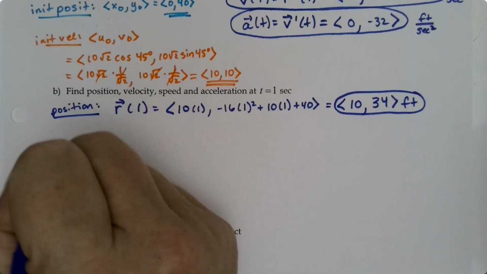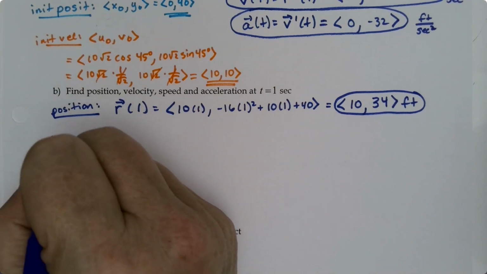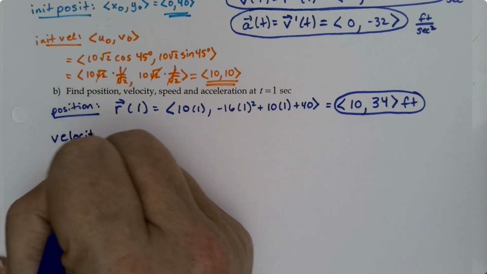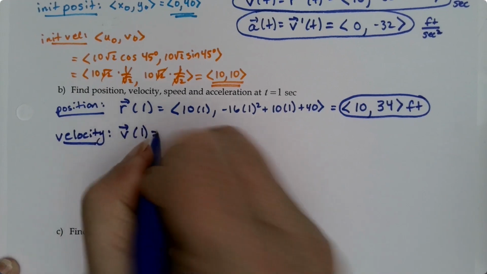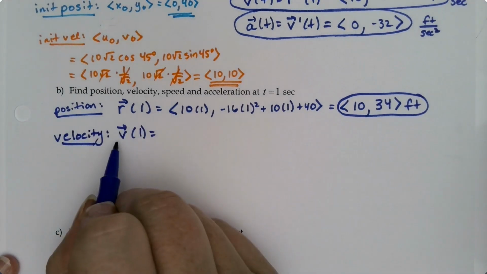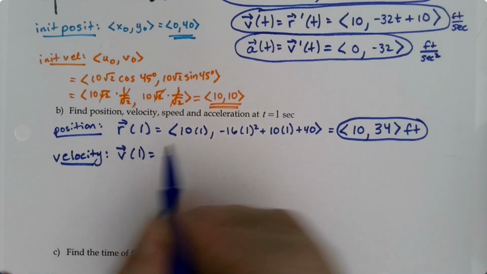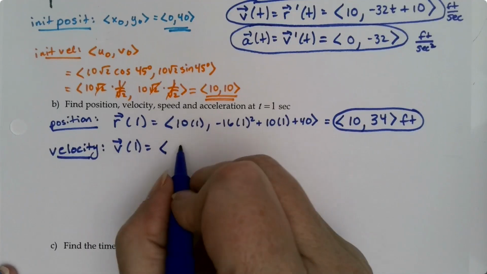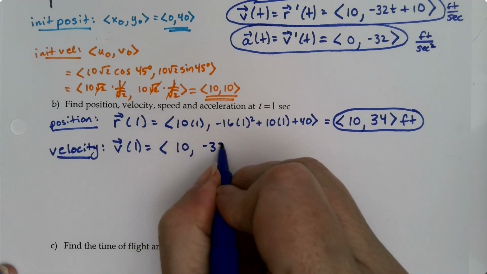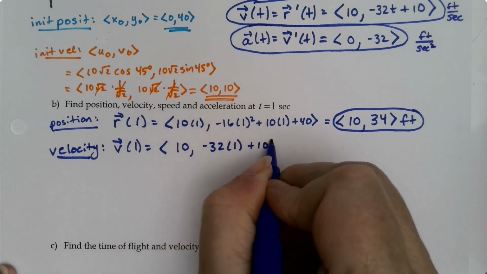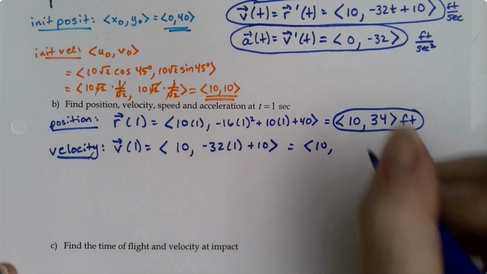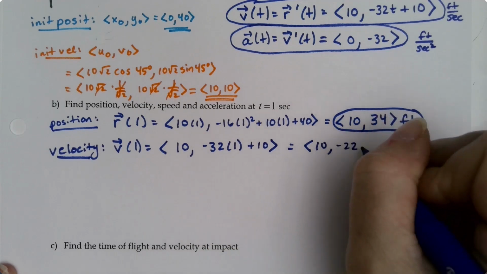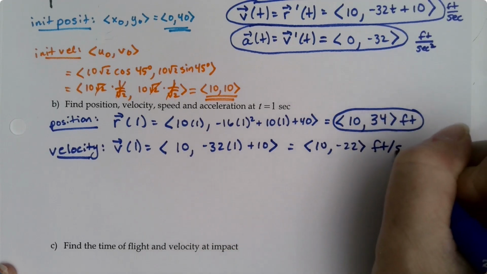Position done. Velocity. Velocity would be taking the velocity vector valued function and putting 1 into it. So that would be 10, comma, negative 32 times 1 plus 10, which is 10, negative 22. That would be feet per second.